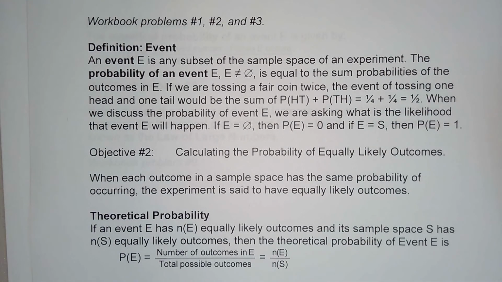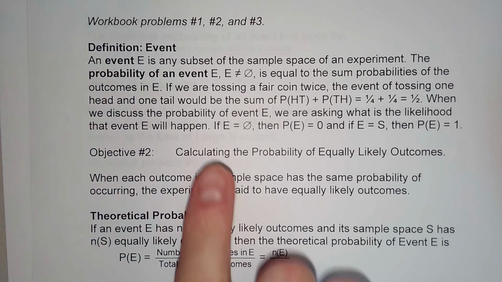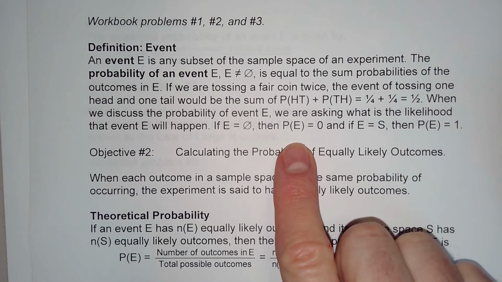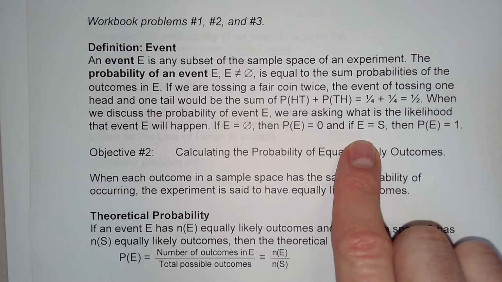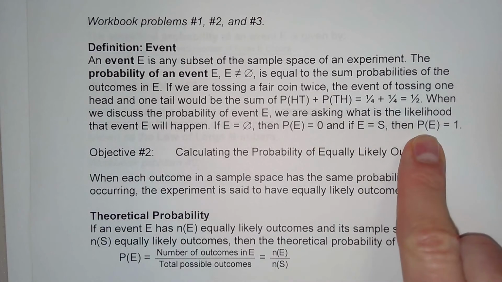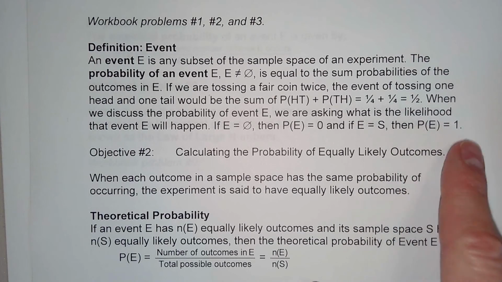When we discuss the probability of event E, we are asking what is the likelihood that event E will happen. If event E is equal to the empty set, then the probability of event E would be 0, and if E is equal to the entire sample space, then the probability of the event E would be 1.